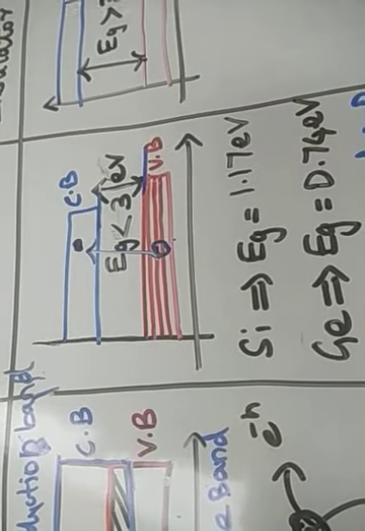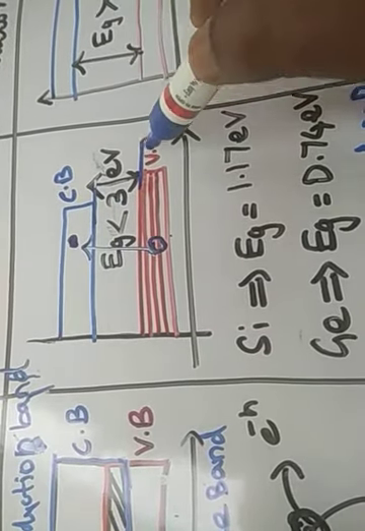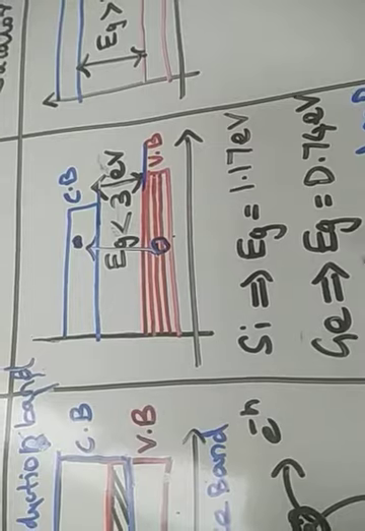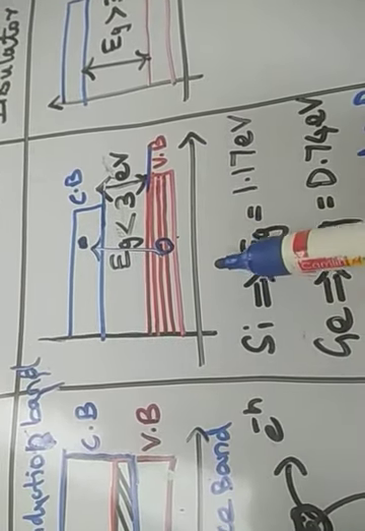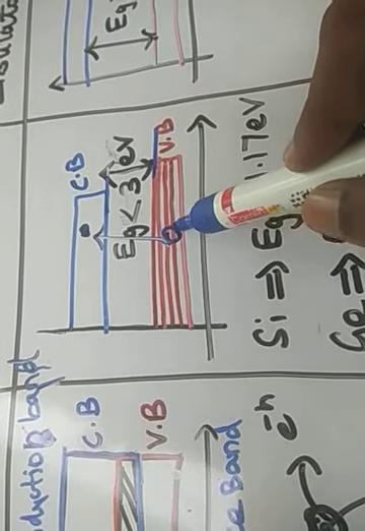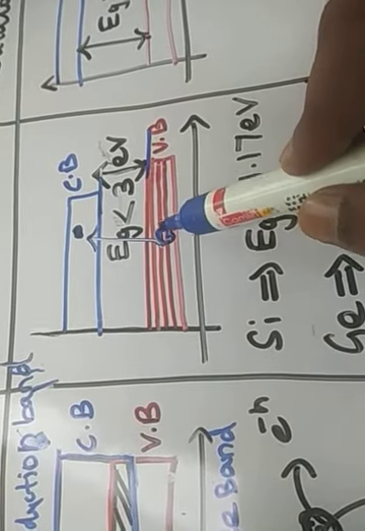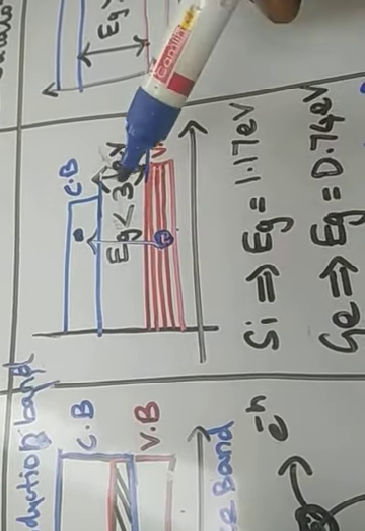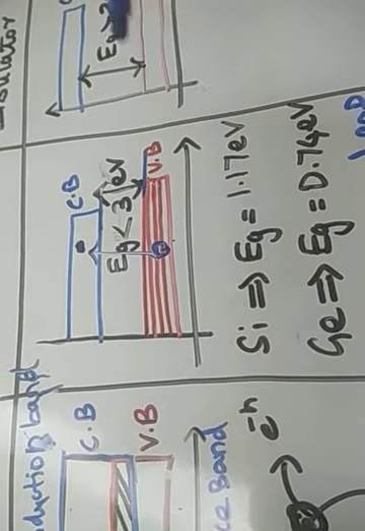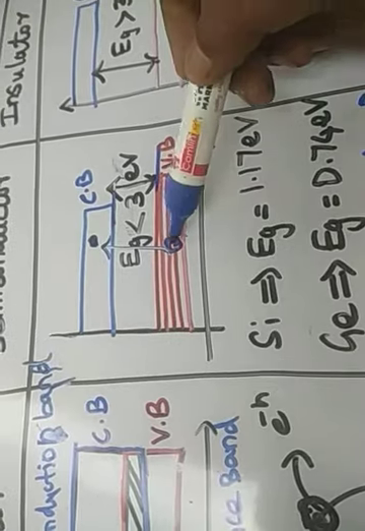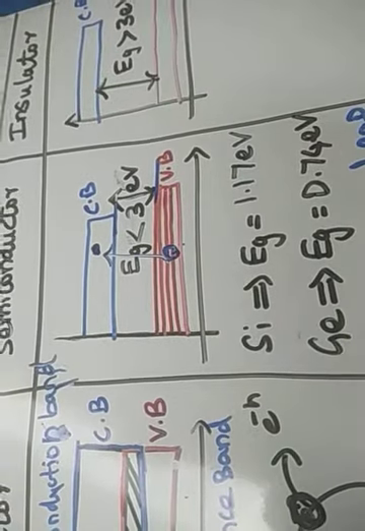Then that valence electron will become a free electron. So how do we represent this in the energy level diagram? The electron present in the valence shell is occupied in valence band. When the electron is liberated out from the atom, it will jump to conduction band.